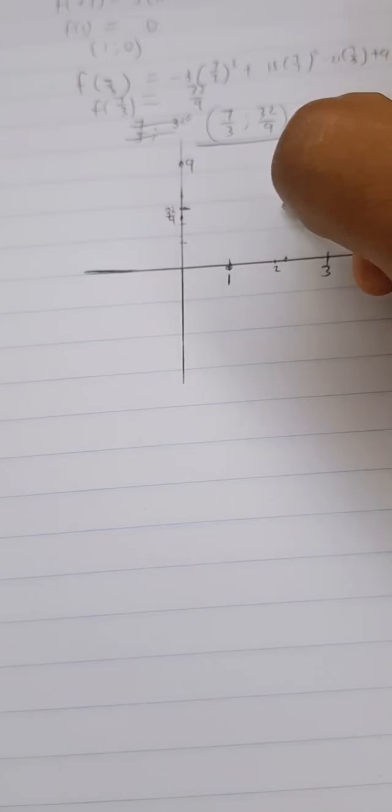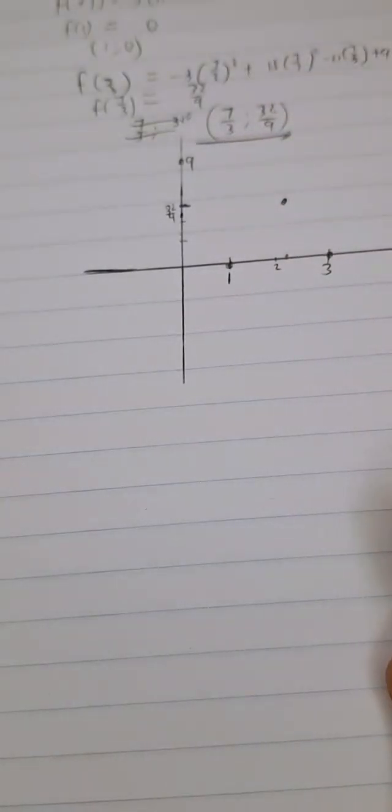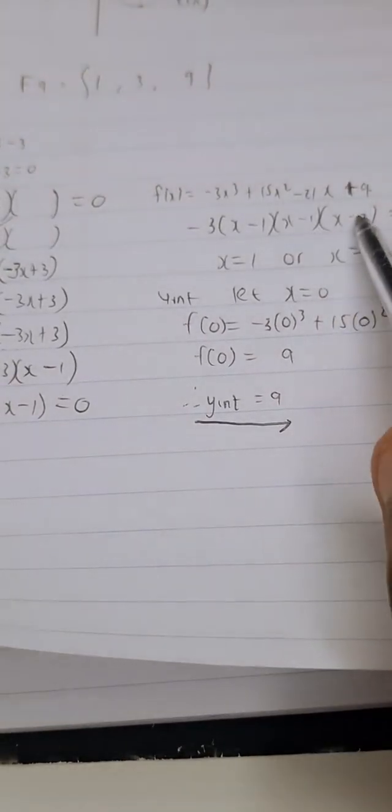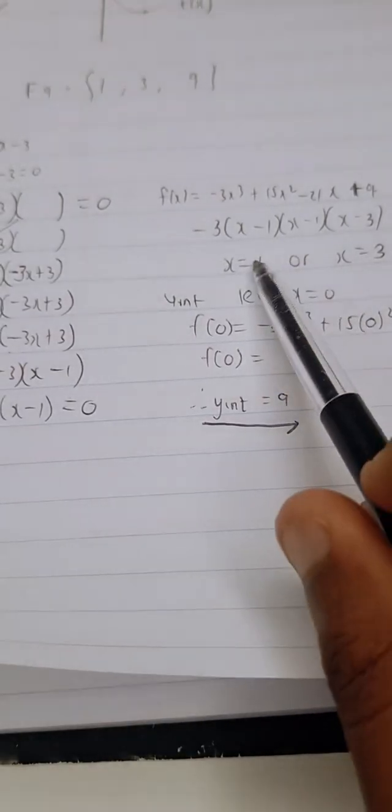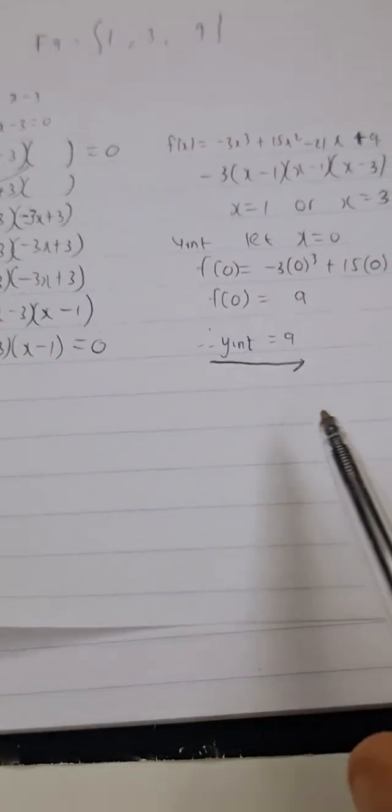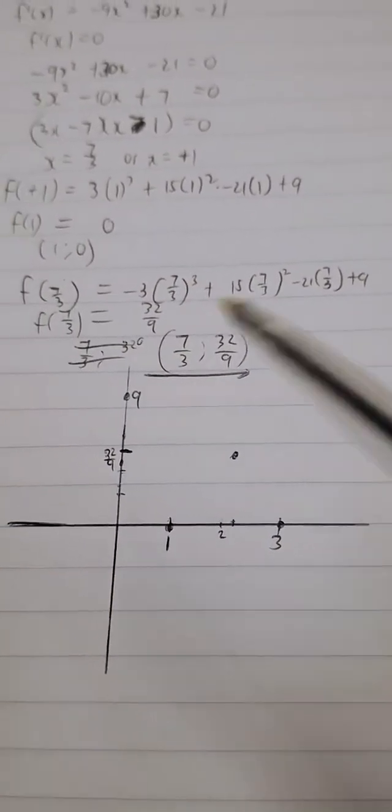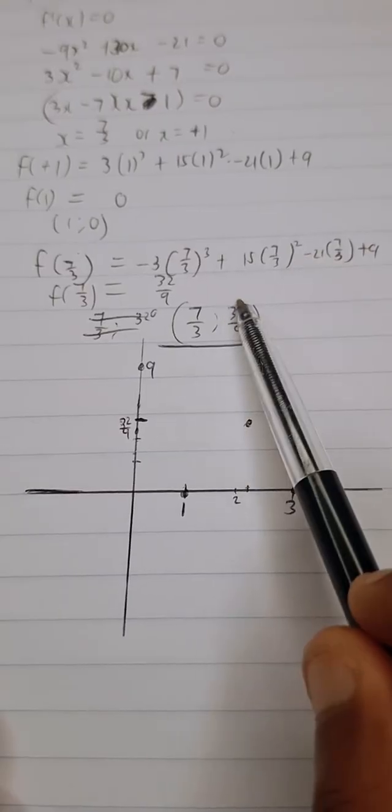So with the two combined, that is here. And then the x-intercept, which is 3 and 0. Remember, we did get the x-intercepts: 3, and the other one was 1, which was also a stationary point. And then, of course, we did get the coordinates of our TP, turning point.